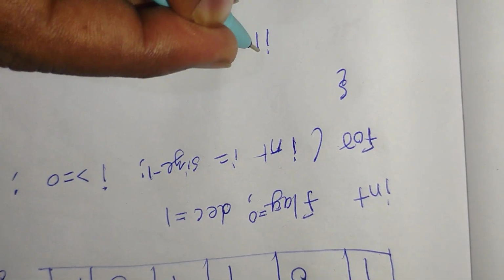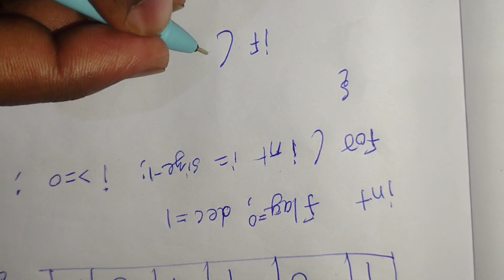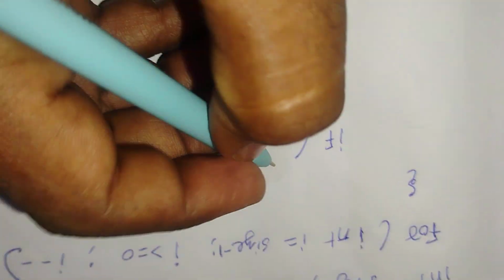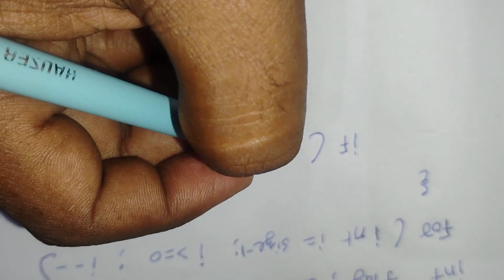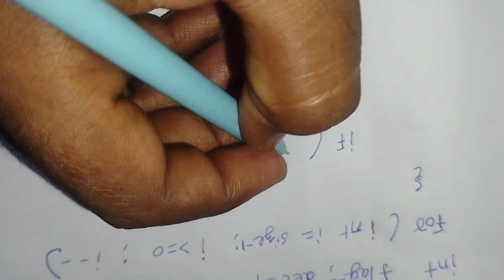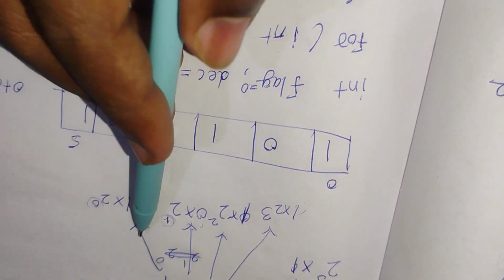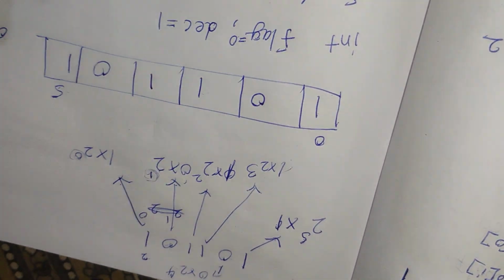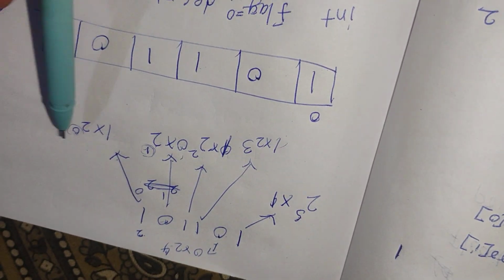Inside the for loop, I am going to write an if condition. What am I going to check? If the bit is 1, we need to multiply; if 0, we need not multiply, but the power will increase.